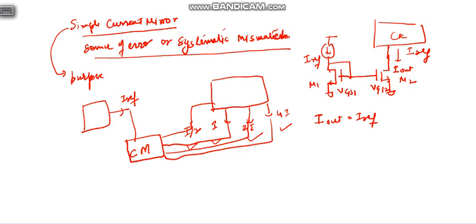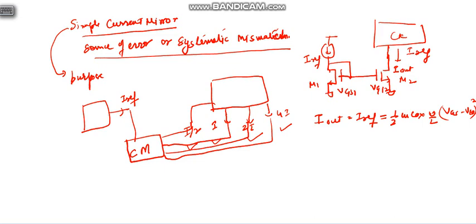So this current IREF is given by half mu n COX W by L (VGS minus VTH) squared. So I out equals I ref because both VGS are equal.